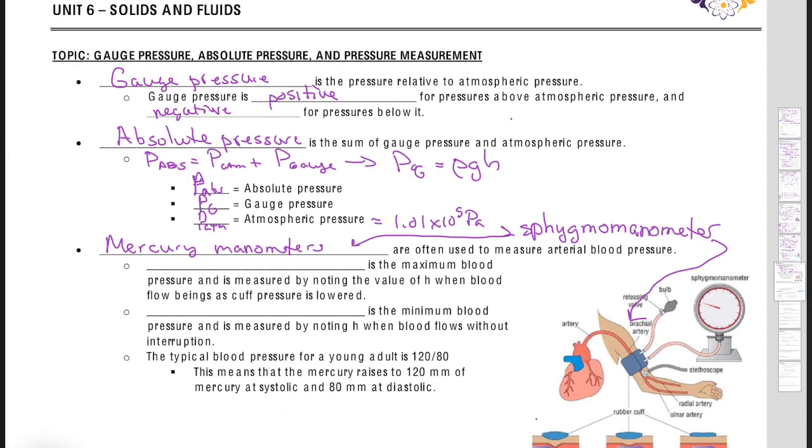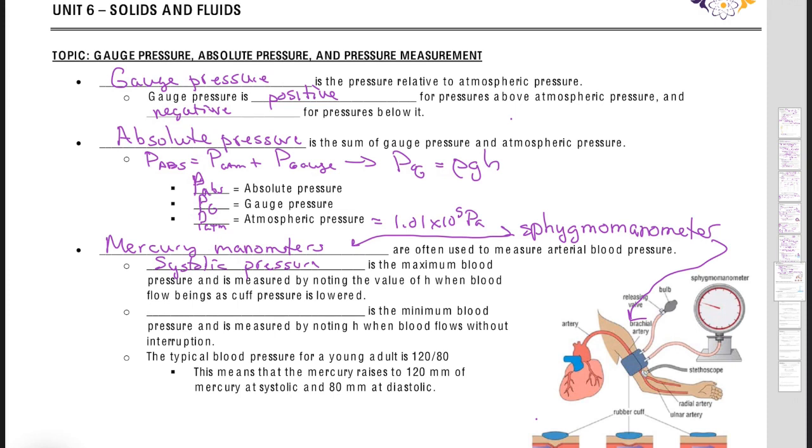Systolic pressure is the maximum blood pressure and is measured by noting the value of H, or the height, when the blood flow begins as cuff pressure is lowered.